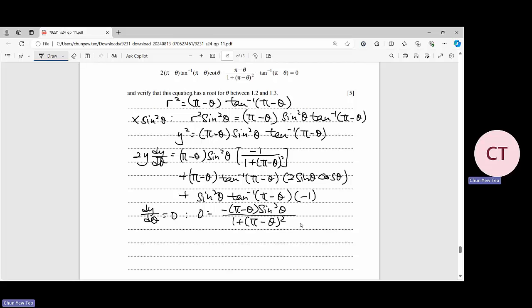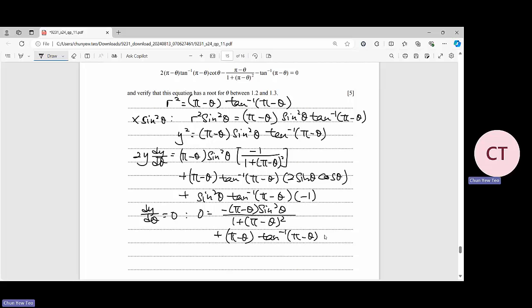Then plus, quite long, so this one needs to be very careful. Just copy down.